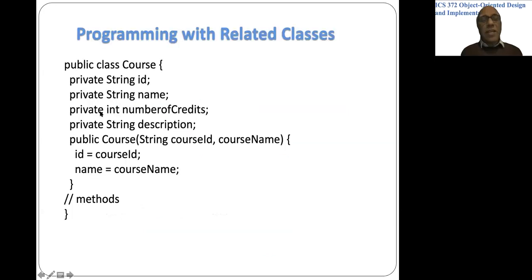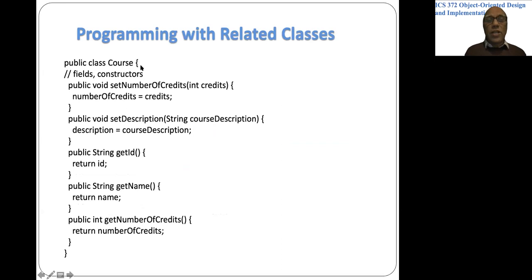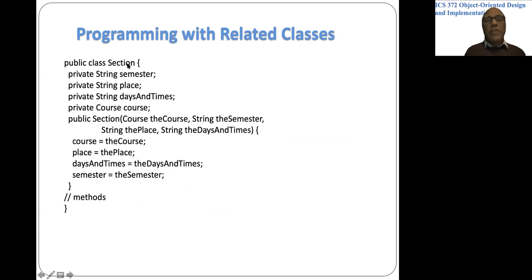Then classes can be related. For example, there is a course class and we have a section. Like ICS 372 is a course, but then what we are doing right now, these Tuesdays, it's a section. That section is for a course, like section Spring 2021 online Tuesday 6 p.m., and the course is 372, which has its own syllabus and course outcomes and all that.